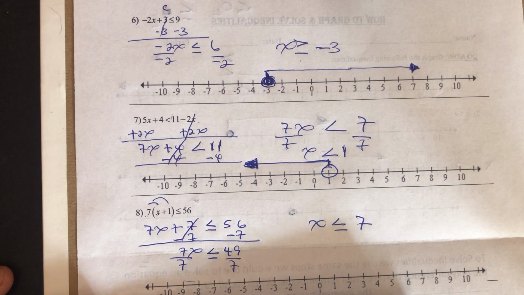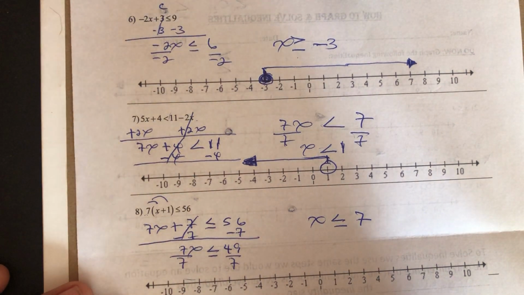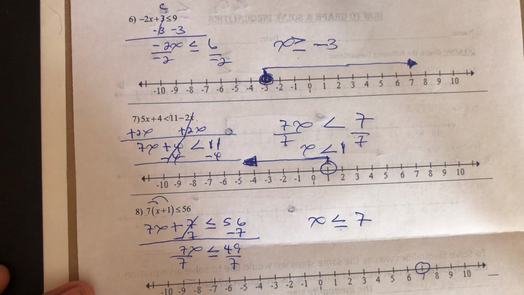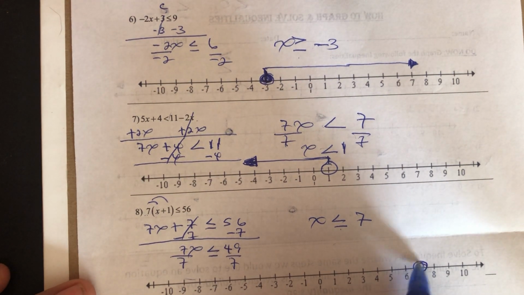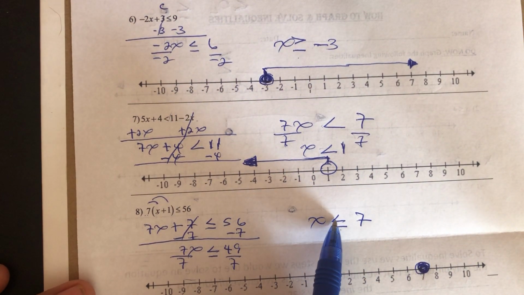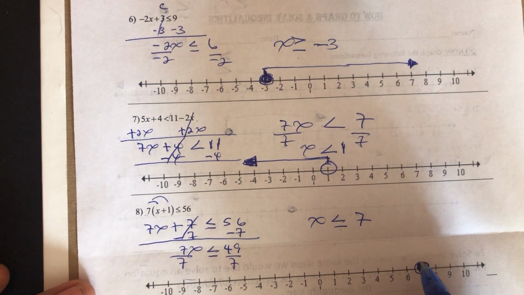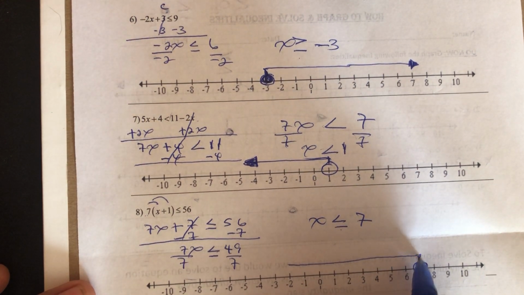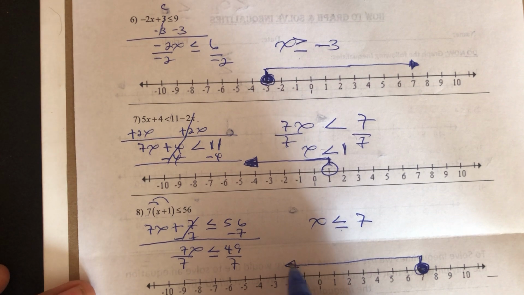Now, 7 is right here, and because it has the equal sign, it's going to be a closed circle, right? And the arrow is pointing to the left. So I'm going to do my graph to the left, and that's it.